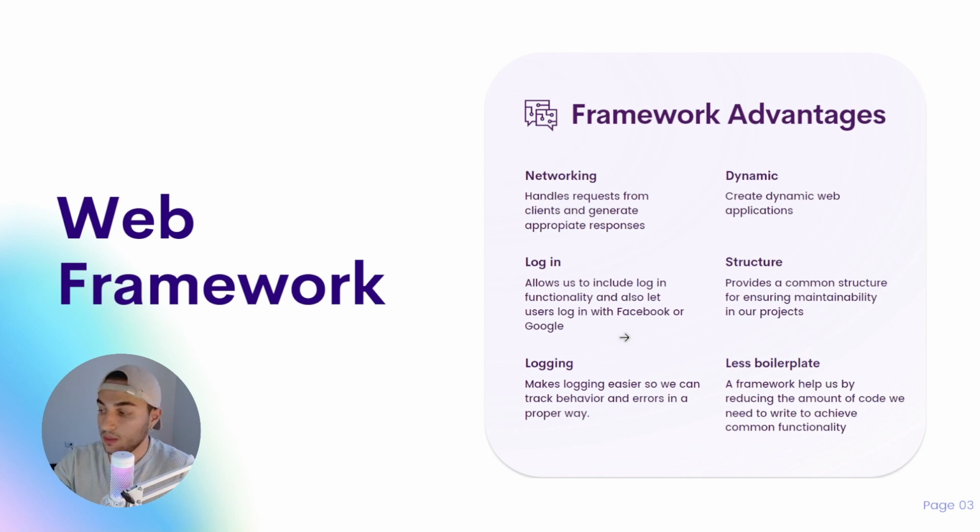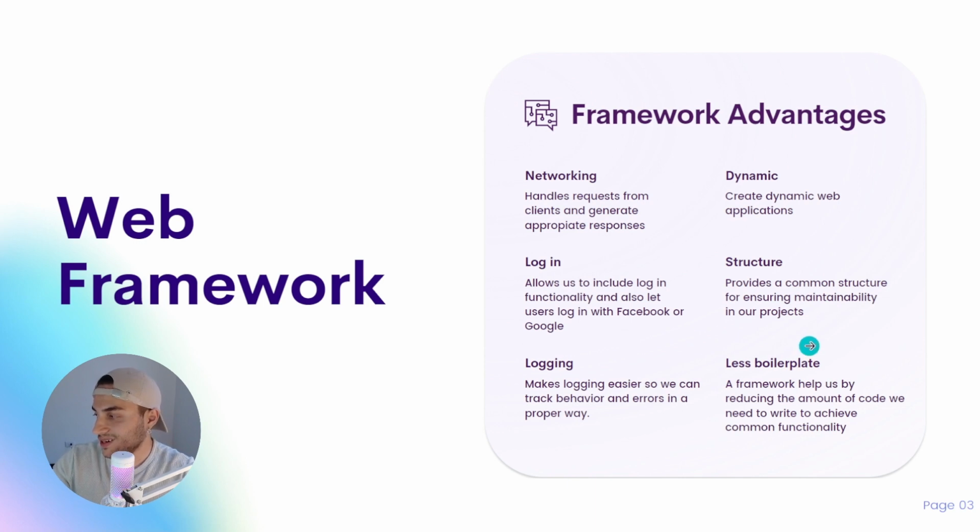All right. Also, logging, which makes this behavior easier. And logging is pretty important because it lets us debug our application. If, for example, something went wrong and our application is not functioning as expected, then we can review the logs and see what is going on. So this is pretty important to tackle this kind of behavior and fix it as soon as possible.